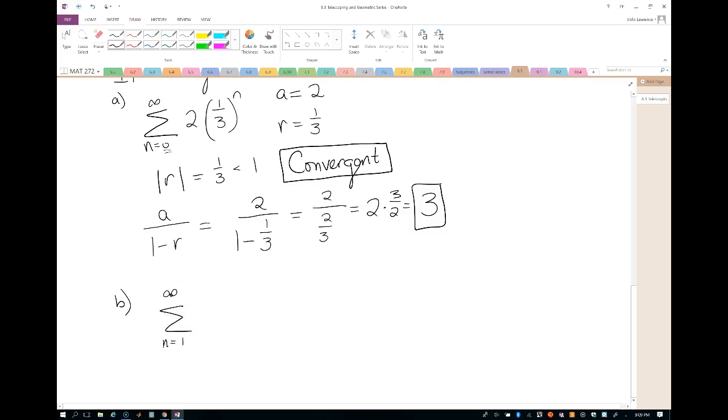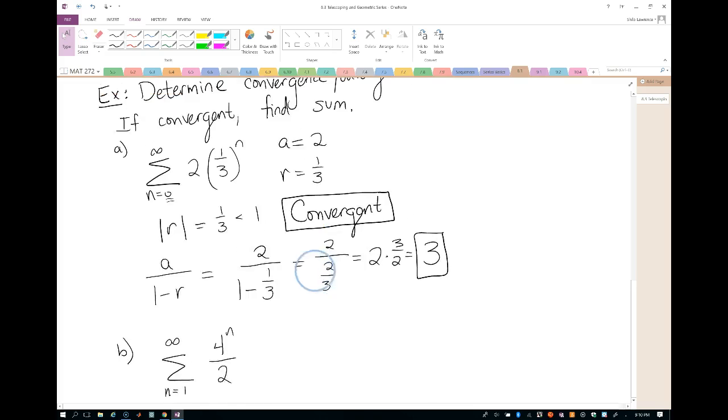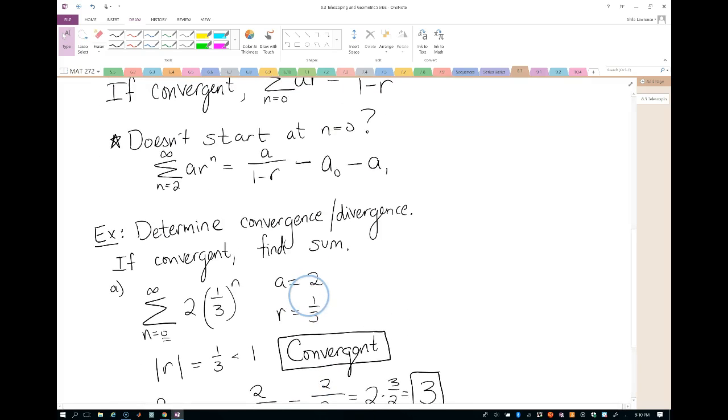For the next one, we're going to find the sum from 1 to infinity of 4 to the n over 2. This one is set up slightly differently, but it is still a geometric series. You're going to want to do some algebra to get it to look like a times r to the n.